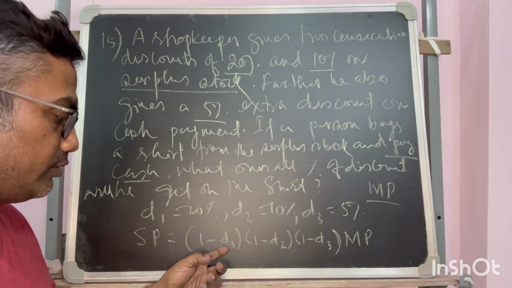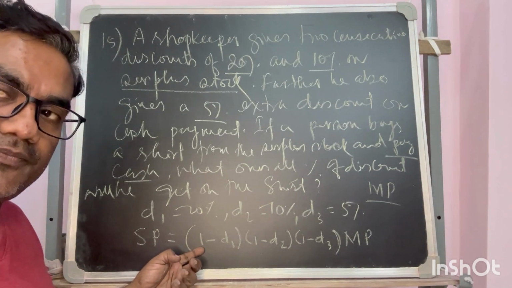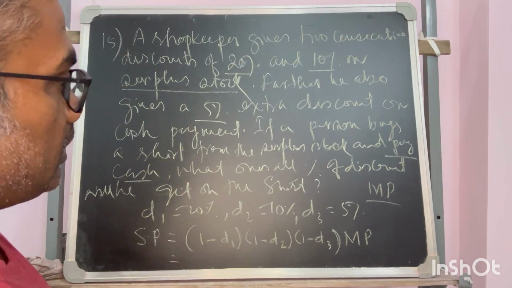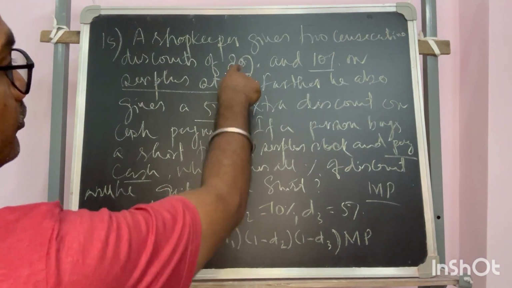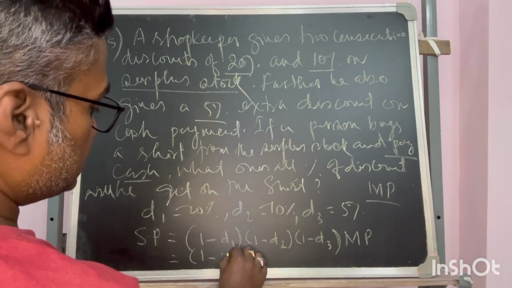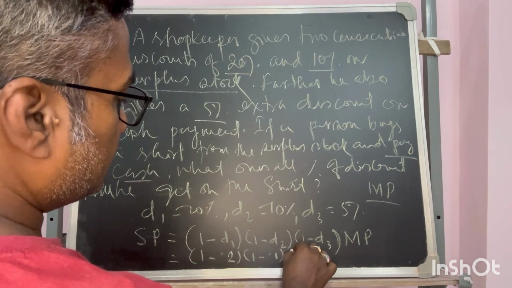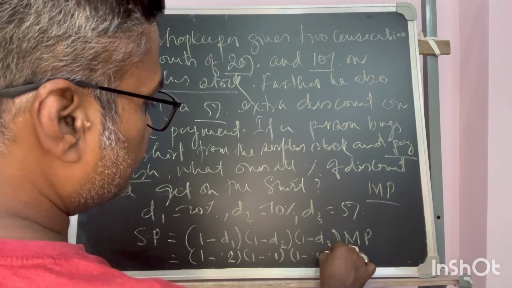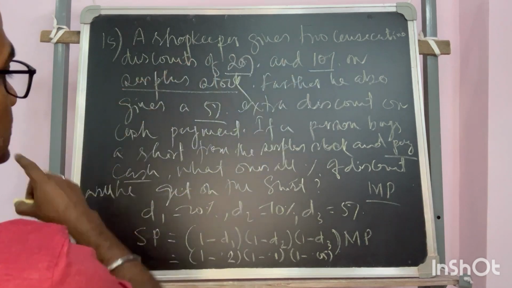When you convert a percentage to a fraction, you divide by 100. So in fraction form, it is (1 minus 0.2)(1 minus 0.1)(1 minus 0.05) into MP.